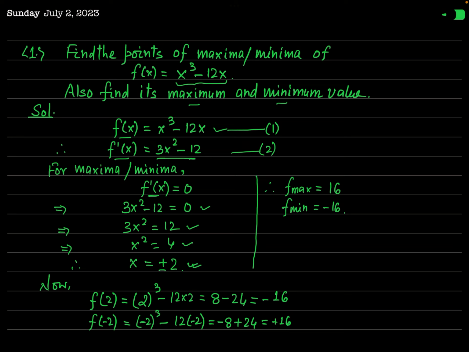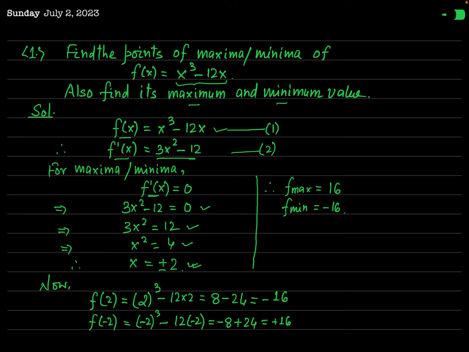In fact, by knowing the value, you cannot say what will be its maximum value or what will be its minimum value, or when the function is maximum or minimum. For this, you have to check by the first fundamental theorem, by the sign of f'(x).